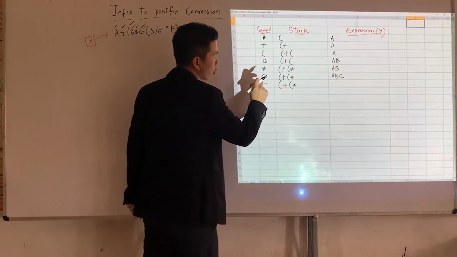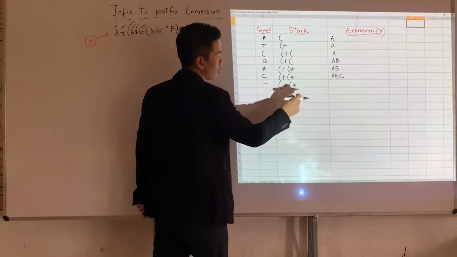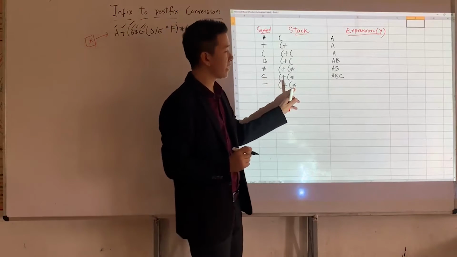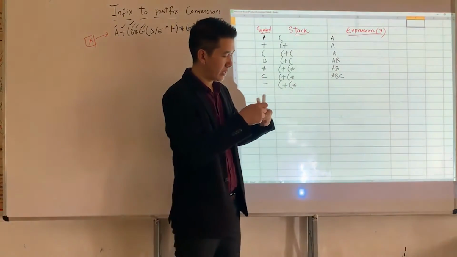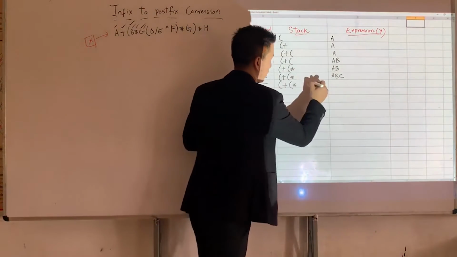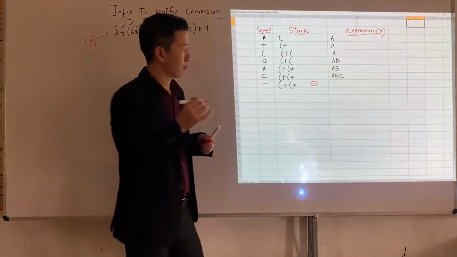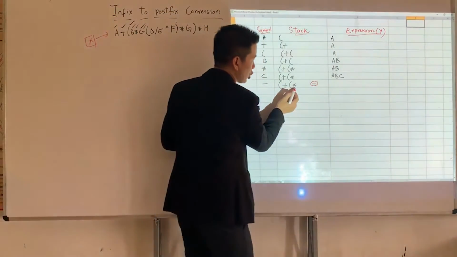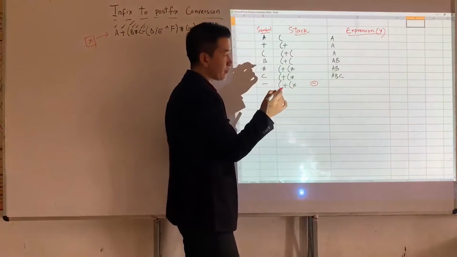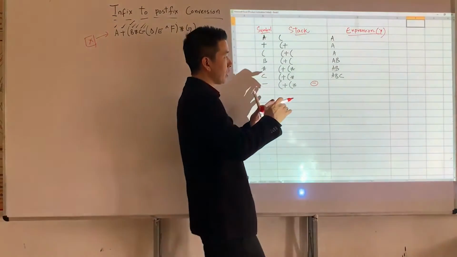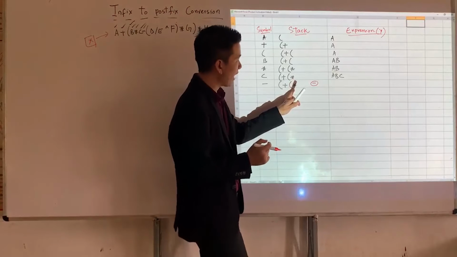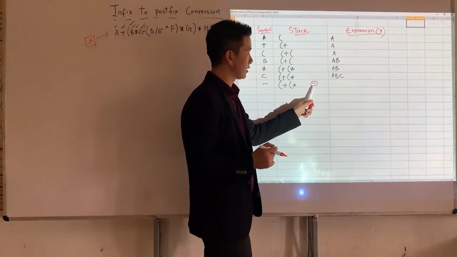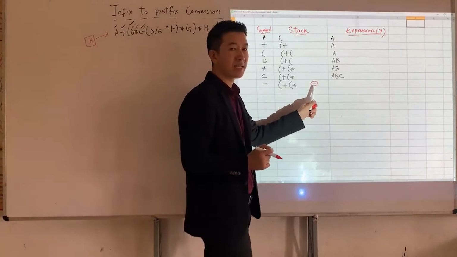Now before you push the subtraction operator onto the stack, check the preceding operator. Let's say this is due to be pushed onto the stack. I need to check, like I said, repeatedly pop and add to the expression those elements which have either the same precedence or higher precedence than this.